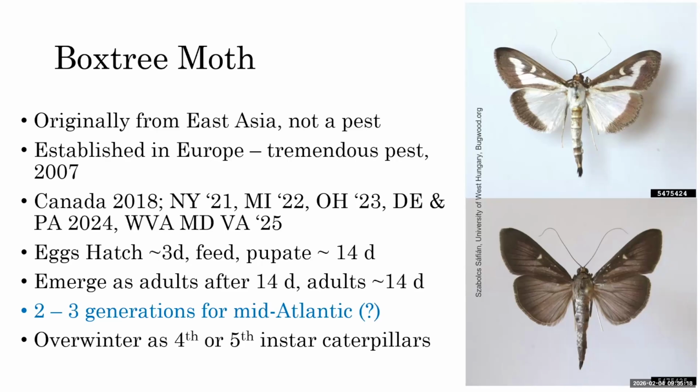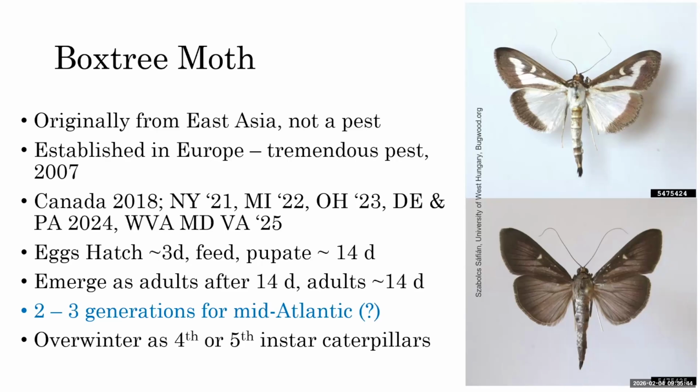With that being said, it has been hypothesized that we could have 2 to 3 generations in a year for Delaware. Most people are saying probably 2, but we're staying warmer longer into the fall, so there could be an opportunity for a 3rd generation, not that we want it.